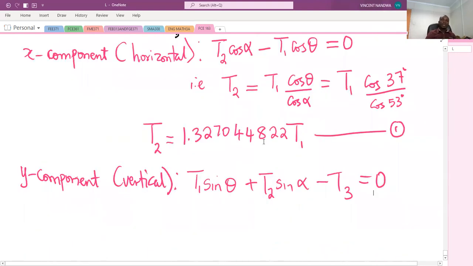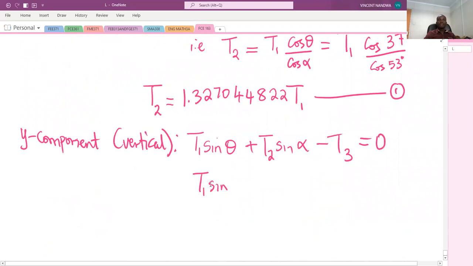So this is the same as saying T1 sine of theta, where theta is 37 degrees, plus T2 sine of 53 degrees equals T3. So taking this to the right hand side, the weight is 100.